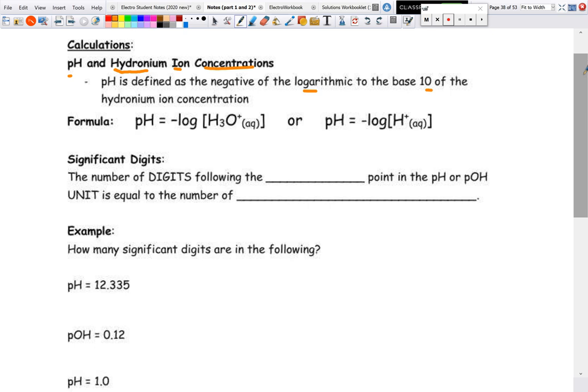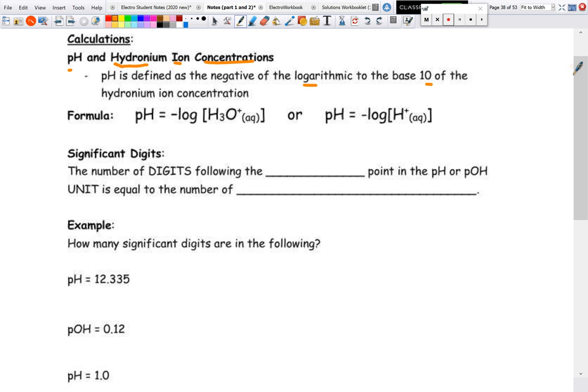Because we're using a log function, the significant digits for pH are going to be a little different from how we've done it in the past. For significant digits, the number of digits following the decimal point in the pH or pOH is equal to the number of significant digits.